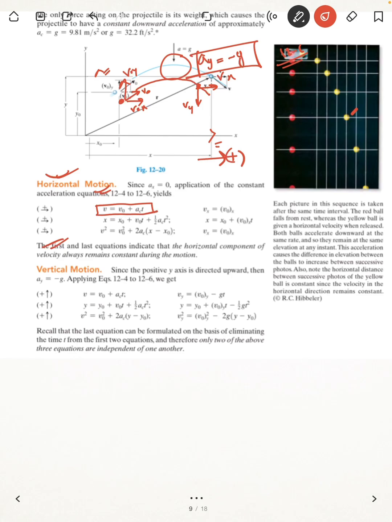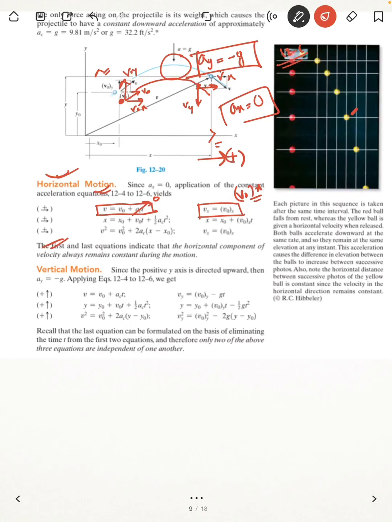V naught should be only the x direction considered, and ax, the acceleration in the x direction, is 0. That's why at becomes 0. It only becomes vx equals v naught x.